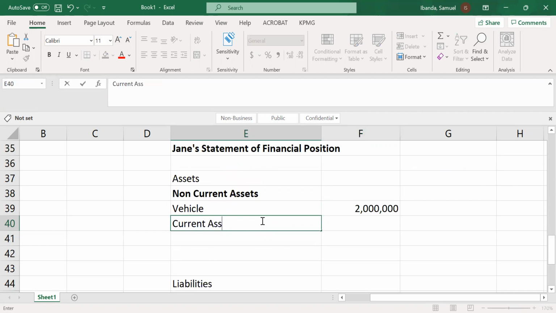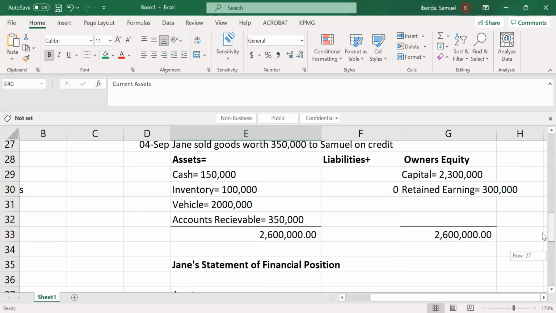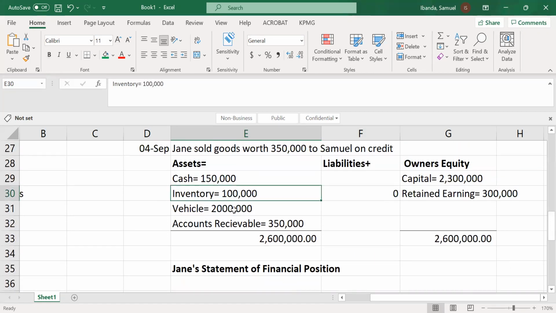So we have current assets. The current assets that we have for our question here are inventory of 100 and so on. These are all current assets, so I'll just pick them the way they are.